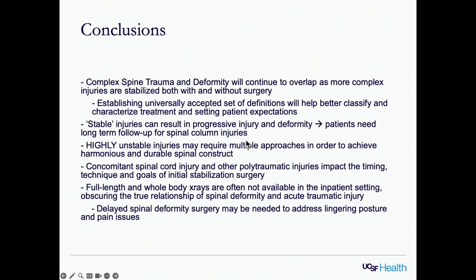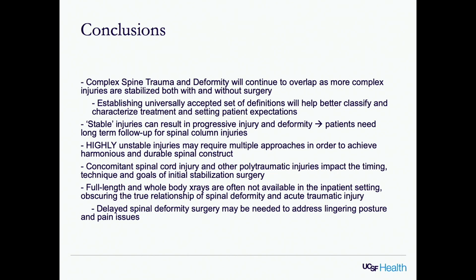So in conclusion, complex spine trauma and deformity will continue to overlap, especially as these patients survive their initial injuries and stabilization procedures. Whether it's non-operative or operative treatment, patients need to be followed long-term because they can develop deformities as a result of initial stabilization and treatment.